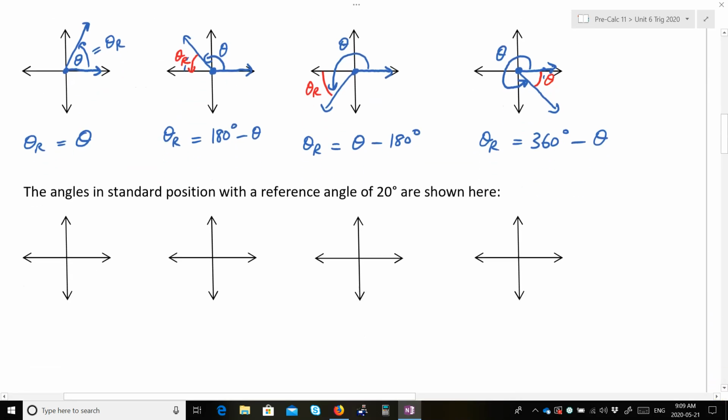Okay, so let's do an example. The angles in standard position with a reference angle of 20 degrees are shown here. In the first quadrant, if we have a reference angle of 20 degrees, that would be right there.